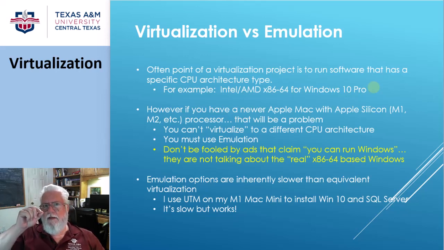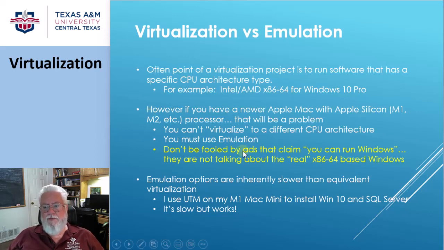So if that project requires you to install, honest to God, real Windows applications, you need a real copy of Microsoft Windows, not the ARM version of Windows, which is kind of a cut down version. So if I have an Apple Mac with an M1 chip, then that's not going to work, and I cannot use a virtualization product. I have to use an emulation product.